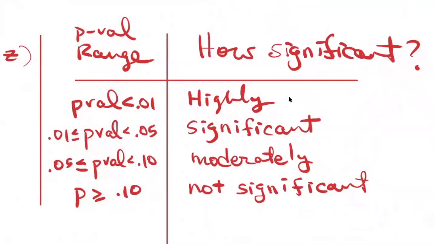See, we don't want to come up with this black and white answer. The problem is to say that something's either significant or not. If that's all you're allowed to say, then you're going to be making harsh judgments sometimes, and you're neglecting those cases where it was close. So we said anytime the p-value is less than 1%, 0.01, that's highly significant. But if it's between 0.01 and 0.05, it's still significant. It's not highly significant.